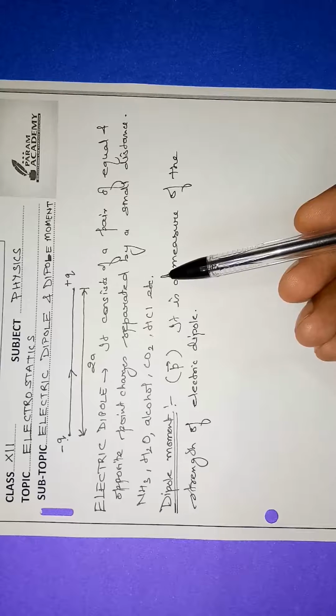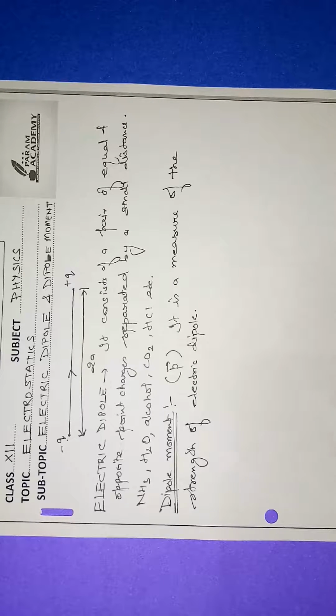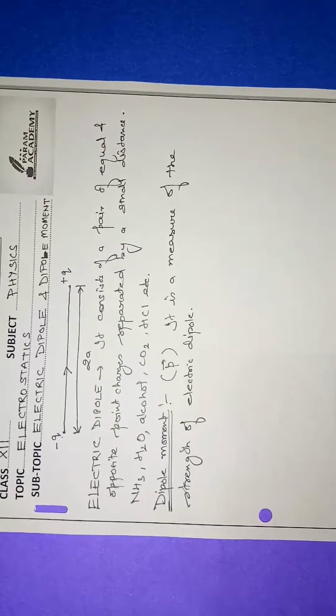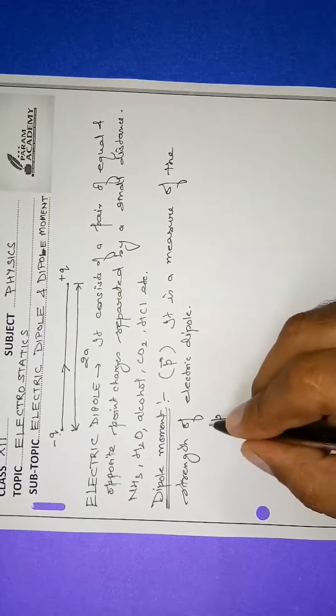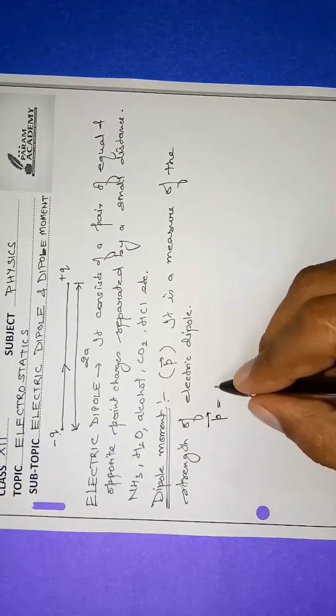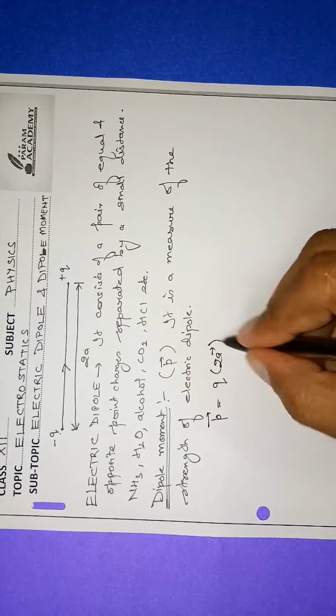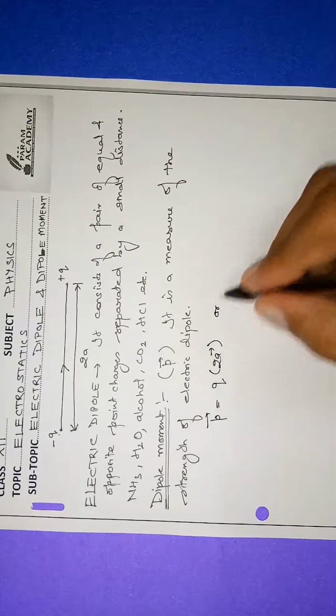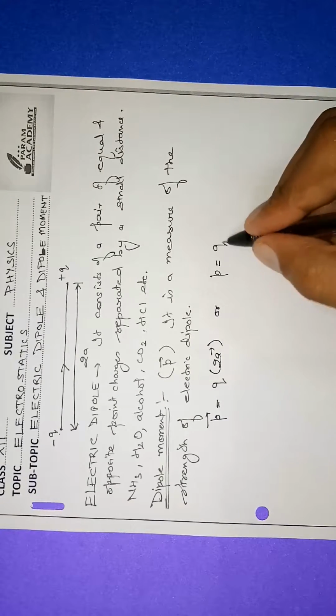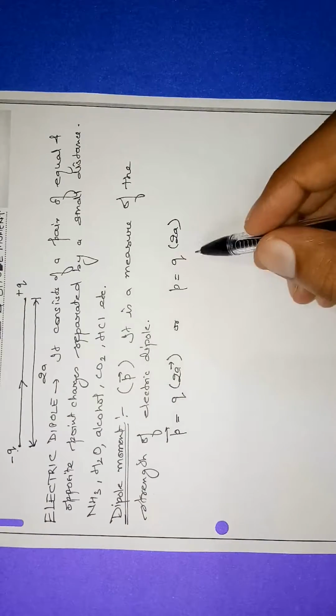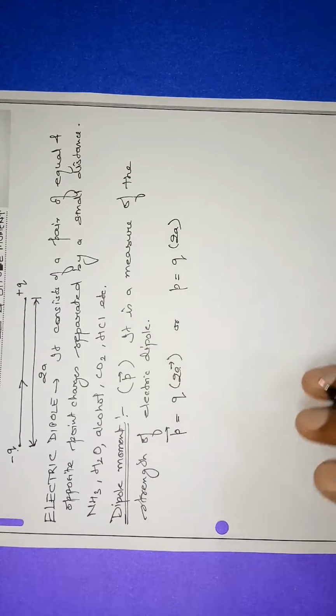It is a vector quantity, and how can we find it? Take the magnitude of either charge; it is the product of the magnitude of the charge and the distance between the two charges. So p is equal to q into 2a. In terms of magnitude, you can write P is equal to Q into 2a. This is the magnitude, and this is the vector representation.